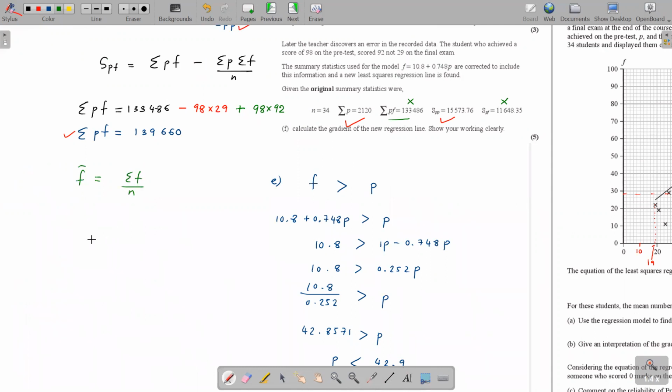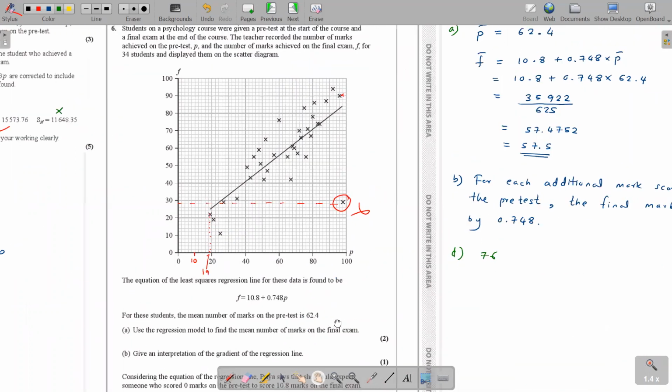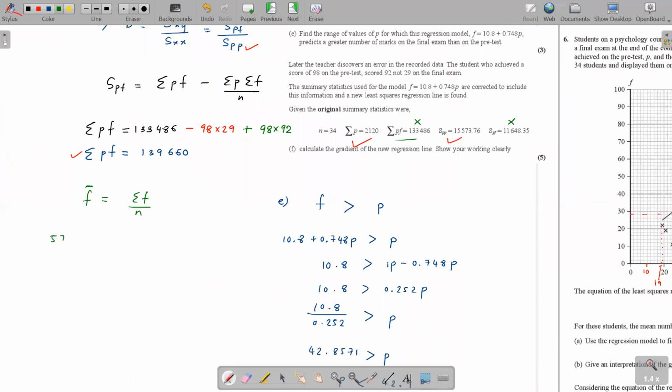So can't I find sigma F now? What was the F bar answer? Please remind me again, the full value. 57.4752. So 57.4752 equals sigma F over what's our N value? We have N is 34. Get the sigma F here.